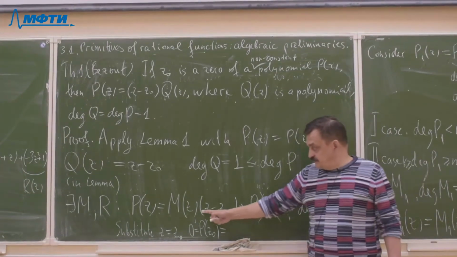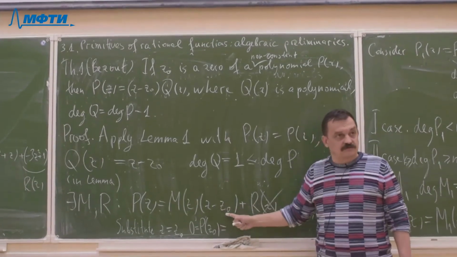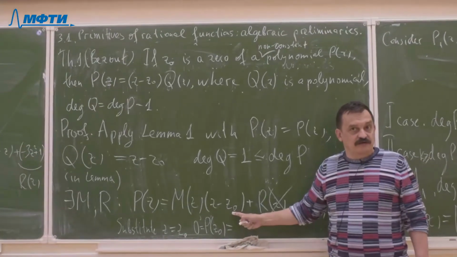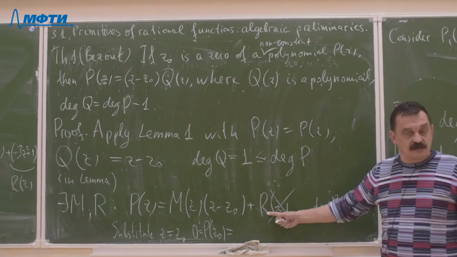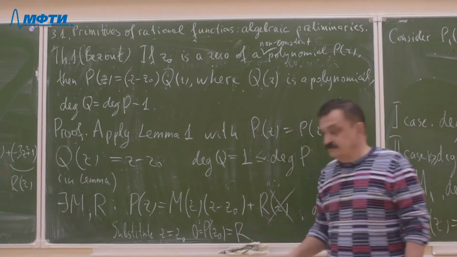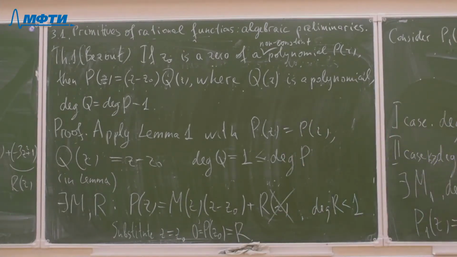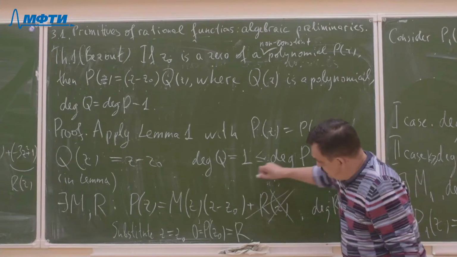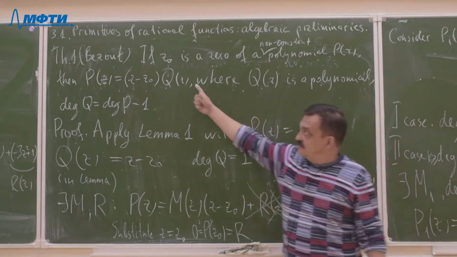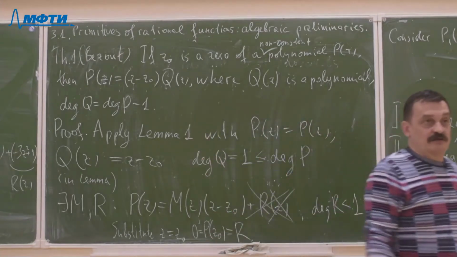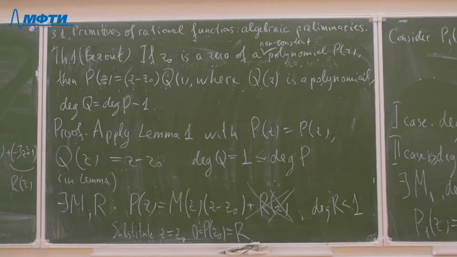And if we substitute here Z equals Z naught, this bracket equals 0, what remains? Just our constant R. So we have R equals 0, right? And it means there exists a polynomial, so no R. We have precisely the same expression as we wanted with capital M.